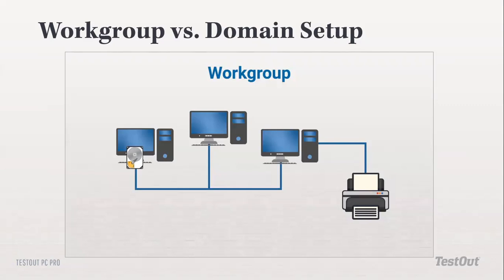But at the same time, PCA also serves as a normal computer workstation. Then they also have a printer which is connected to one computer, and all these other computers access this printer through this computer. So it is a peer-to-peer connection that forms what we refer to as a work group.